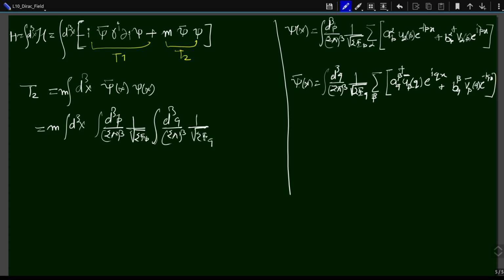These are all the factors sitting in front. Then I have summation over alpha and beta, and now let's write down the terms one by one, starting from psi bar. I maintain the order of A's, A daggers, B's and B daggers, since they do not commute. In fact, they anticommute, so I have to be extremely careful about how they appear over here.